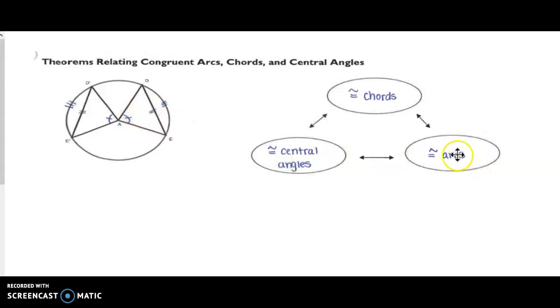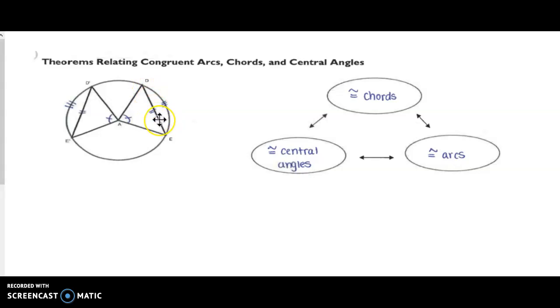I think we did these before, okay? If you have a central angle, then the intercepting arc has the same measure. They're congruent. And also, you have these chords. A chord connects 2 points on a circle.